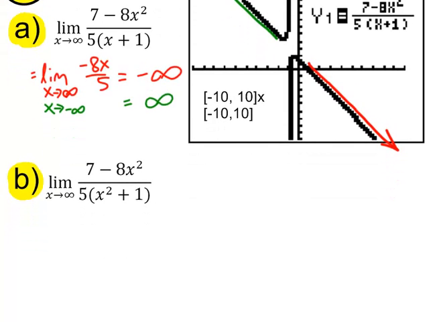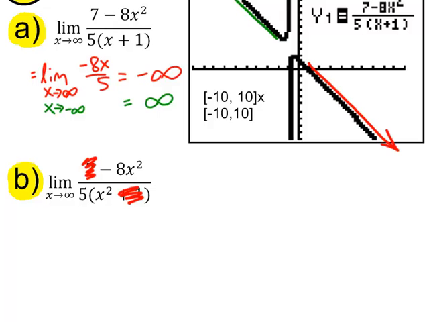This next exercise looks pretty similar at first glance, but we do see that whereas there is an x here, there's an x squared here. And we're going to take a similar approach. We're going to imagine plugging in larger and larger values for x because once again we have x approaching positive infinity. And so we're going to see once again that the 7 becomes negligible and the plus 1 becomes negligible.